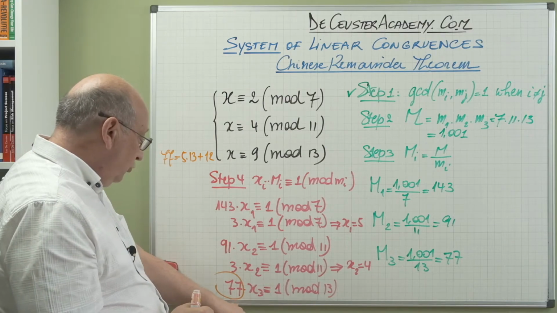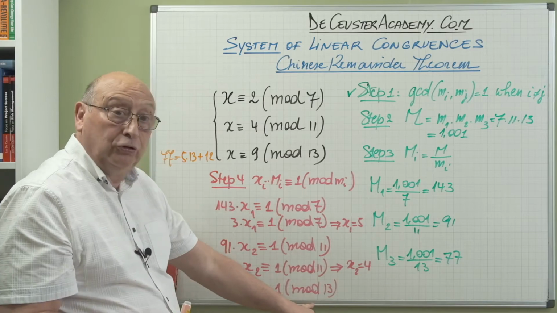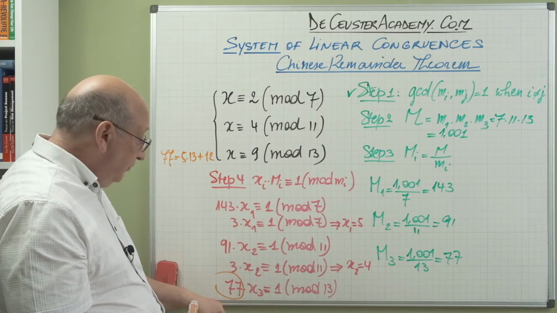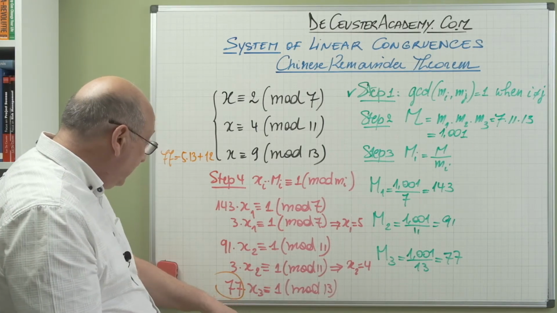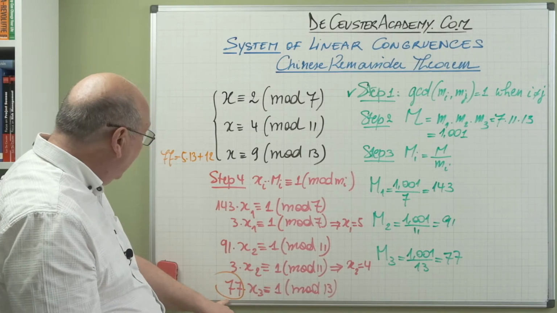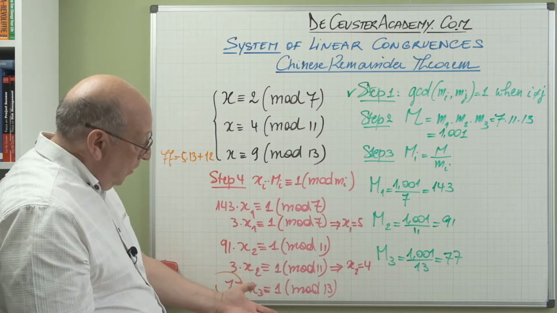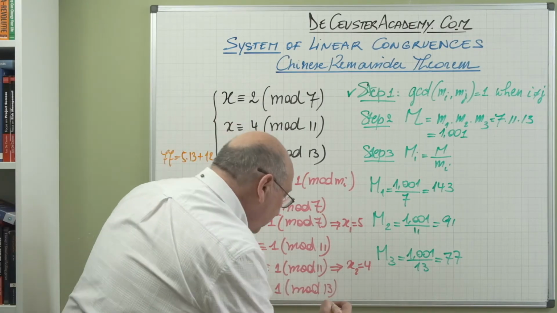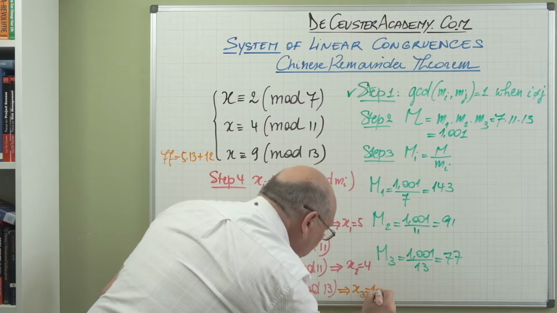So we find here 12x3 is equivalent with 1 modulus 13. And we can find that the modular inverse in that case is 12. So we multiply both sides with 12. 12 times 12 is 144, which modulus 13 is equal to 1. So we can say that x3 is equal to 12.